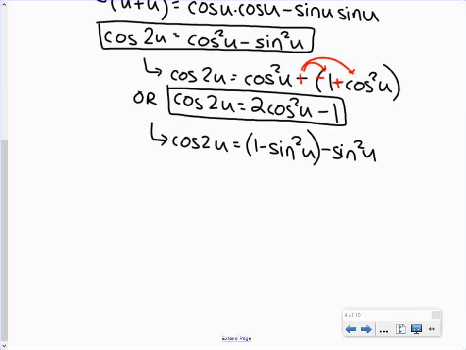I don't have to worry about distributing a negative there. I just see how many sine squared u's do I have. 2, and they're both negative. So I would write my formula as cosine 2u equals 1 minus 2 sine squared u.